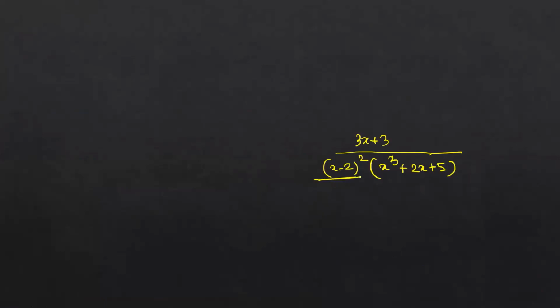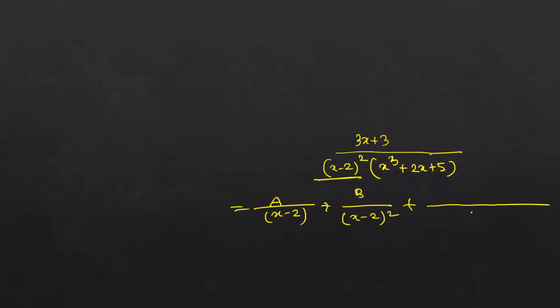Then for this part, you first take a by x minus 2. And what is the second part? b by (x minus 2) square. And for the next part, what will you take?